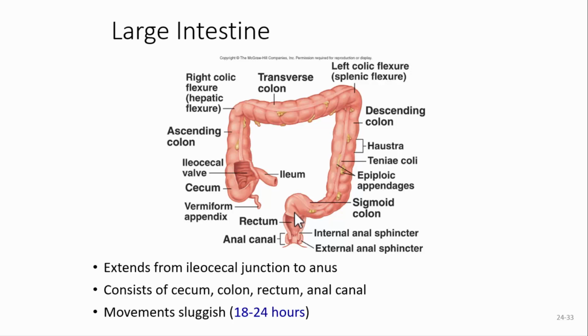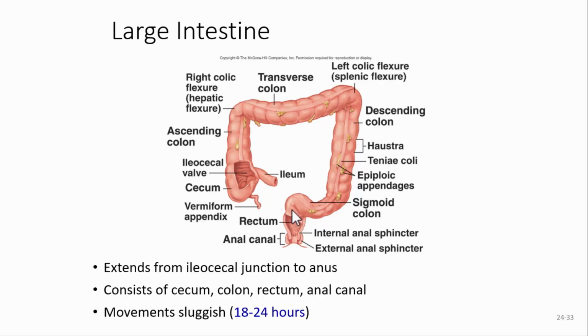And then when we come down here at the anal canal, we're going to have an internal anal sphincter and an external anal sphincter. The internal anal sphincter is going to be made of smooth muscle. That's important because smooth muscle is involuntary. We have no conscious control over smooth muscle.